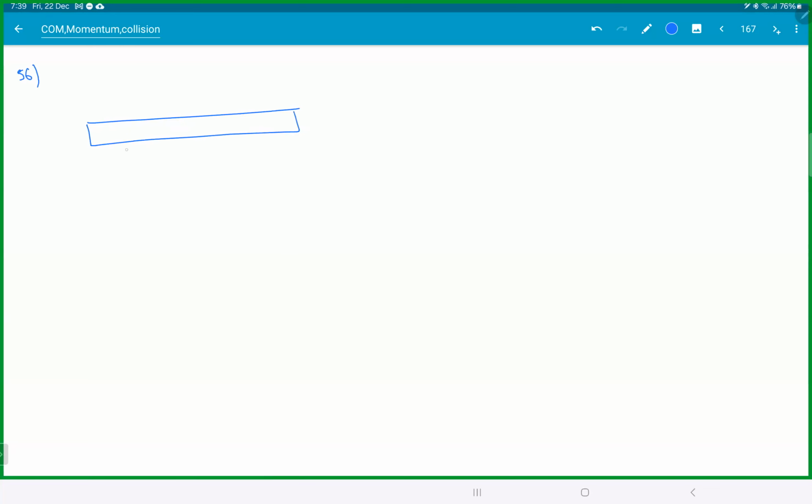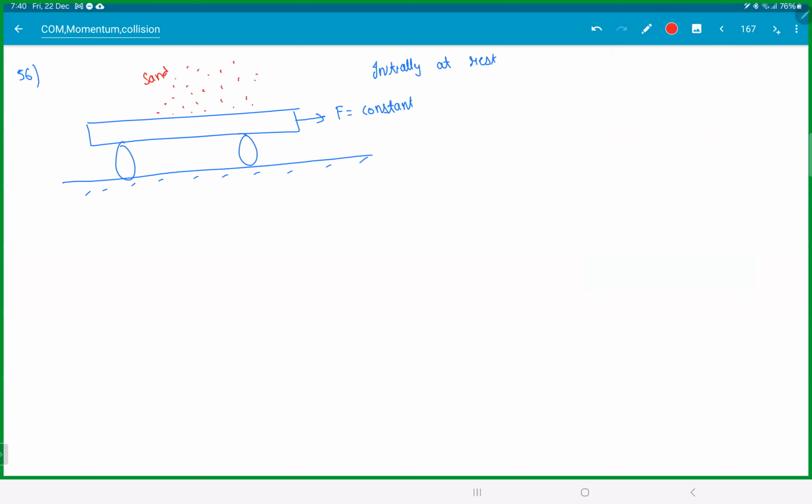We have a trolley here. Someone is pulling with a constant force. Initially at rest. There's a lot of sand on top of this trolley, and there was a small hole here, and the sand starts leaking here.